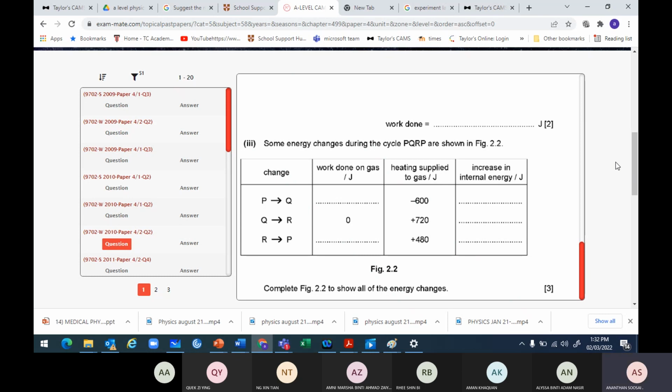I go up to the graph again. P to Q, Q to R, R to P. Fill up the numbers. 5 numbers to fill up. All internal energy is missing, and 2 work done is missing. I go up to the graph.